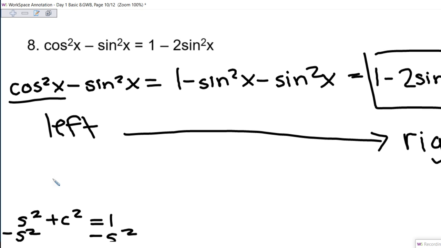So we solved for cosine squared by subtracting sine squared from both sides, and we got 1 minus sine squared. So instead of cosine squared, we substituted in 1 minus sine squared, which is right here. And then minus sine squared gave us 1 minus 2 sine squared x.